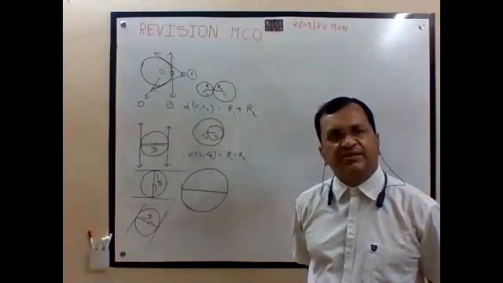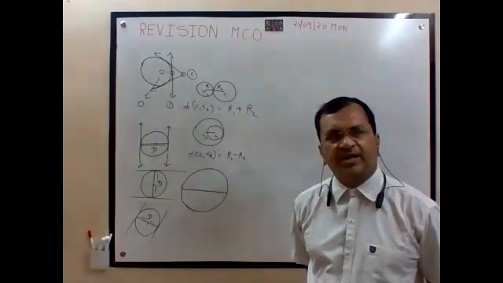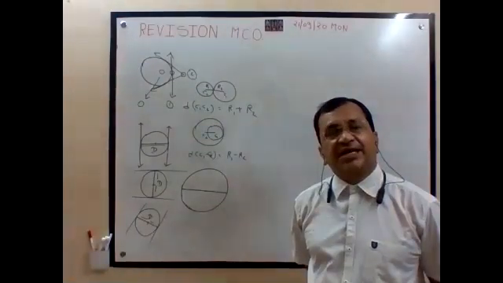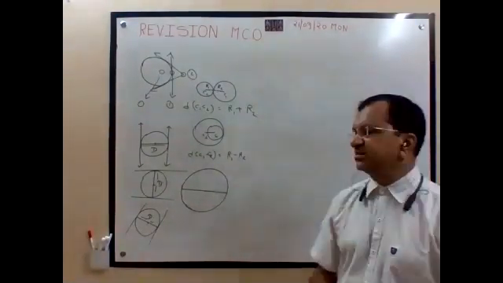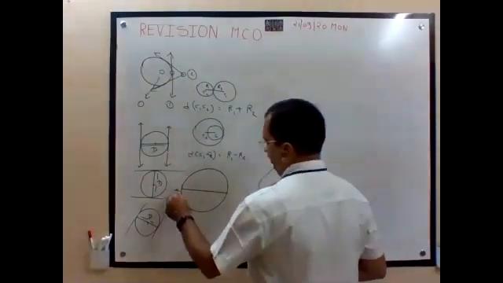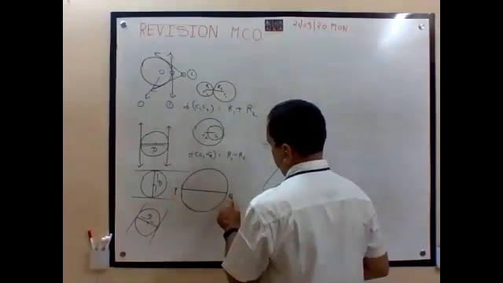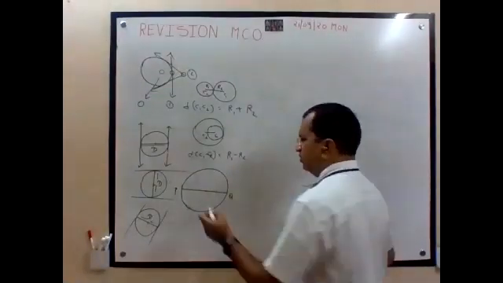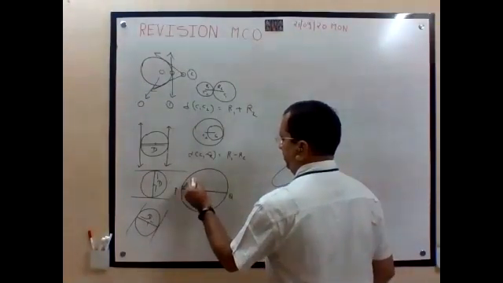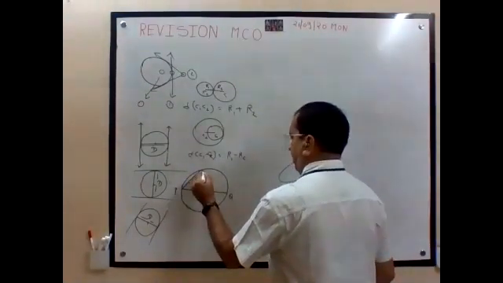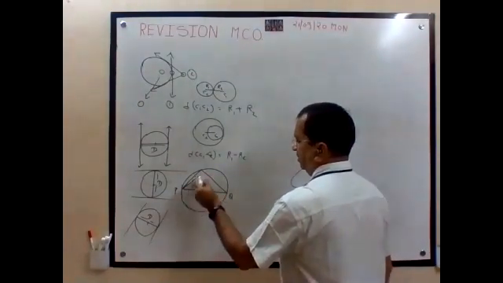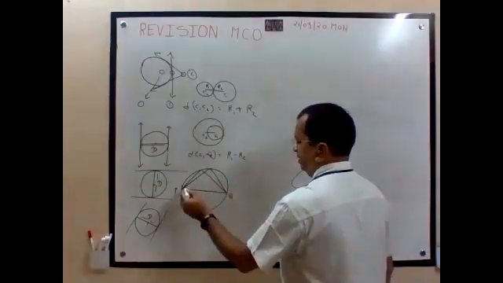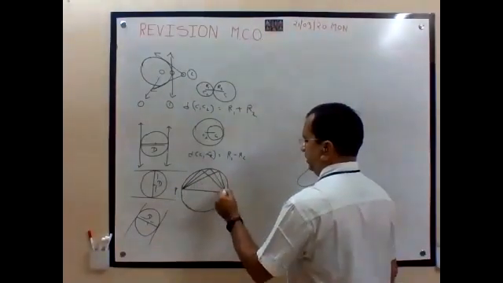Each part is known as a semicircle. Inscribed angle of the semicircle means the endpoints of the diameter are P and Q. You can join anywhere on the circle, it is always 90 because it is half of the arc, and the arc is 180, half of 180 is 90.